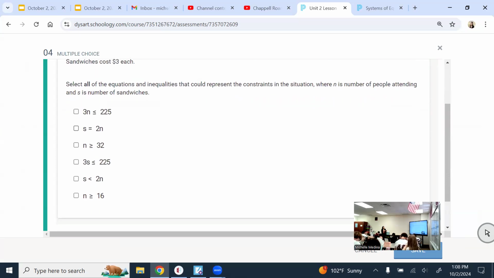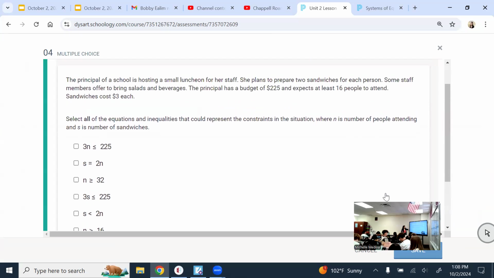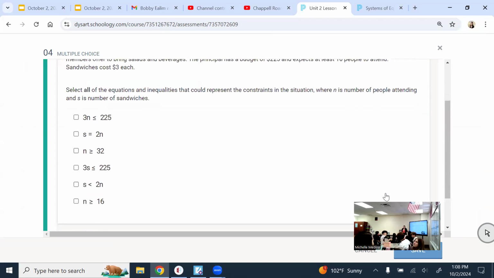Select all the equations and inequalities that could represent the differences, where n is the number of people attending. We might actually make this one, but there's too many options here.